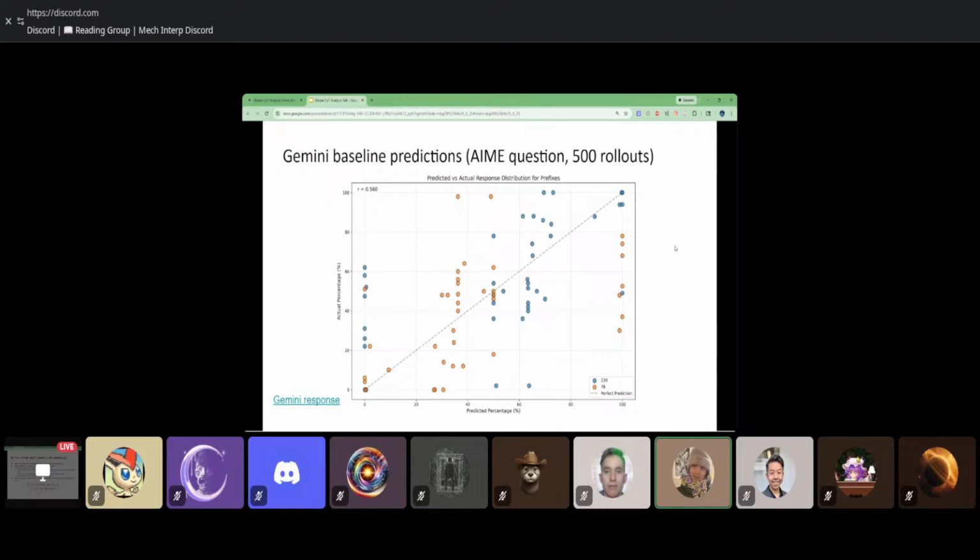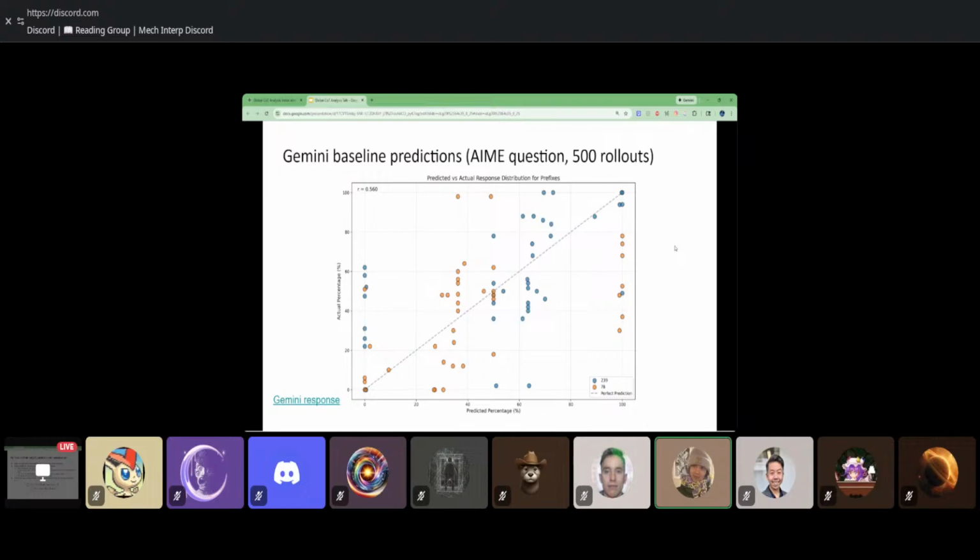We gave Gemini the prefix and all 500 rollouts that were used to make our graph, so technically it had the same context, and it did some clever keyword searching, looking for similar parts and analyzing the rollouts. It did not end up with particularly good correlations either, slightly worse than ours on this particular prompt.